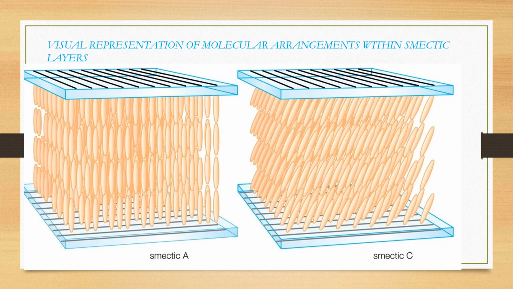That is given as an assignment for you, you will have to find it out. Here you can see in smectic A phase molecules are arranged parallel to each other, vertically. Here in smectic C they are tilted as we already saw. So this is regarding the visual representation of molecular arrangements.